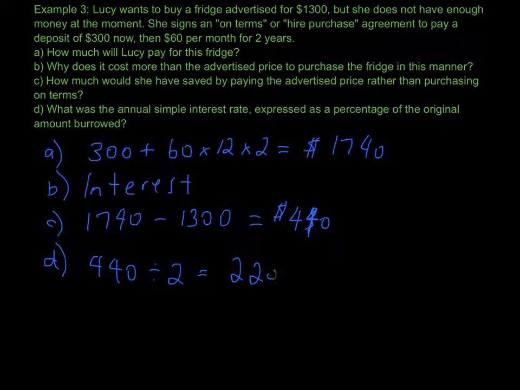So annually we're going to pay interest of $220, and don't be confused, the original amount we borrowed was $1,000 because we'd already paid $300 deposit. So we go 220 over 1,000 times by 100, and that gives us 22%. So the annual simple interest rate is 22% of the original amount borrowed.